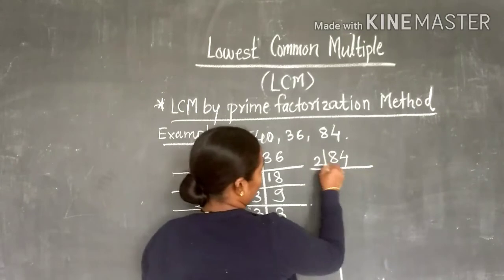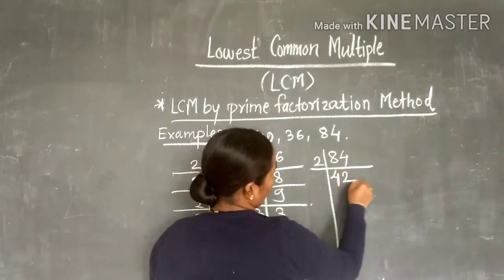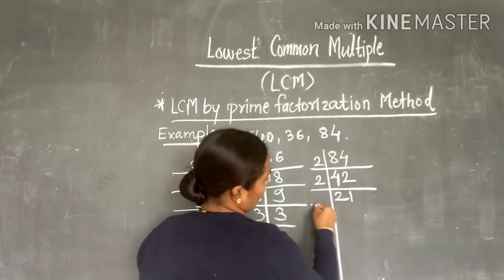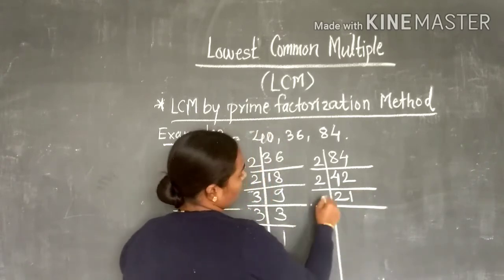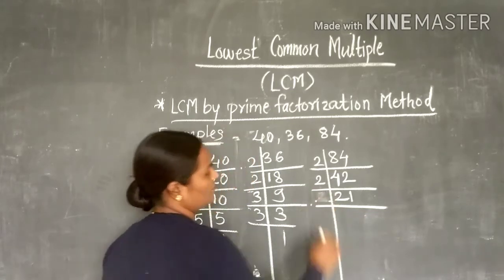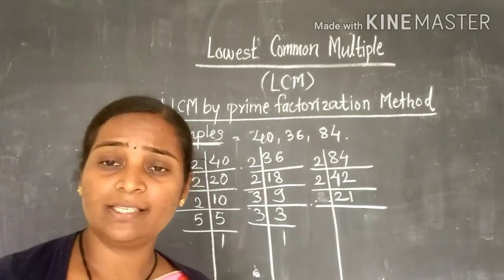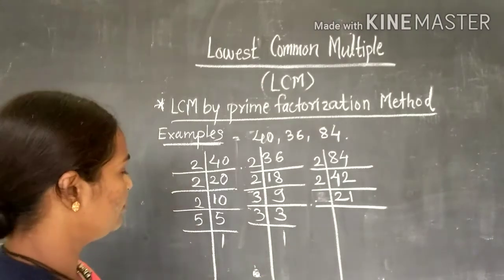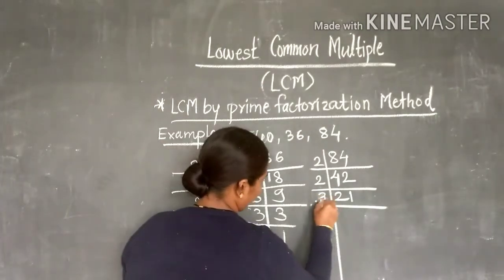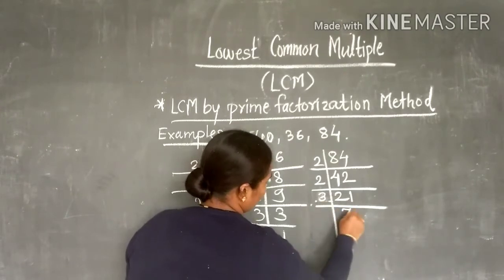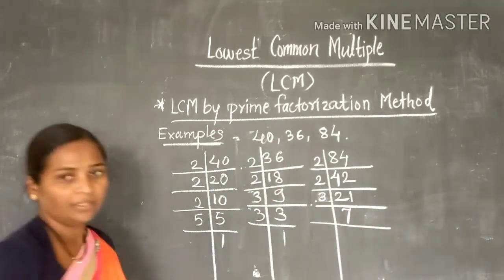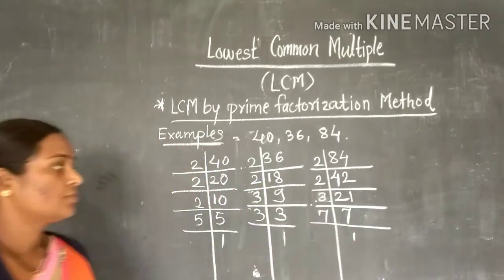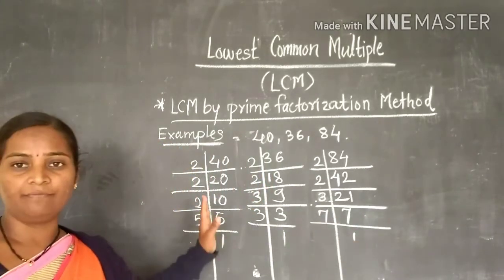So 2 forty-twos are 84, 2 twenty-ones are 42. Then 21 is not divisible by 2. So what do we take? 3. 3 sevens are 21. Again 7 ones are 7. So we got the prime factors.